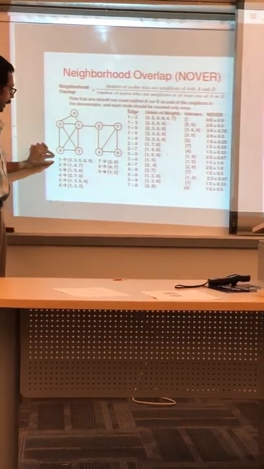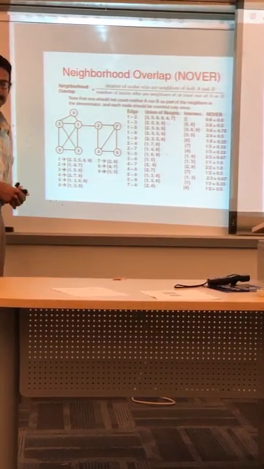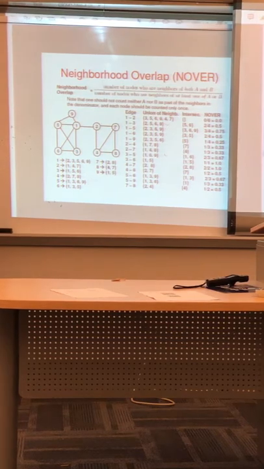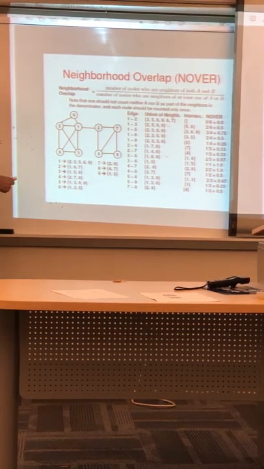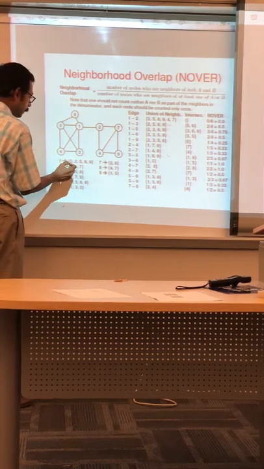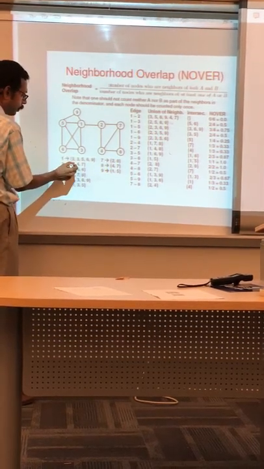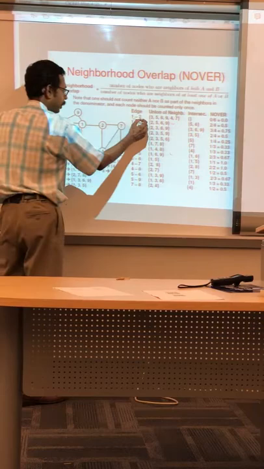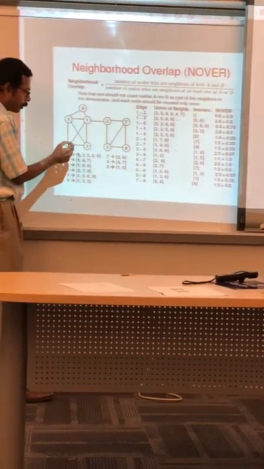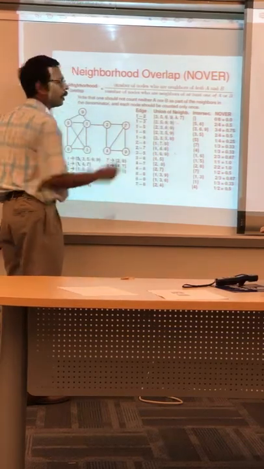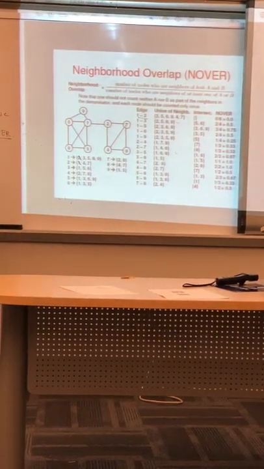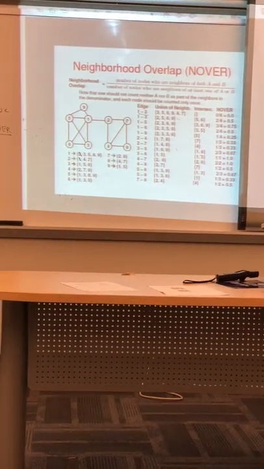So for example, edge 1, 2. Again, each node is counted only once, excluding those two vertices U and V. So when you take the union of the neighbors, exclude 1 and 2 because you're looking at edge 1, 2. So the union is 3, 4, 5, 6, 7, 9. So that's the union of the two sets of vertices.